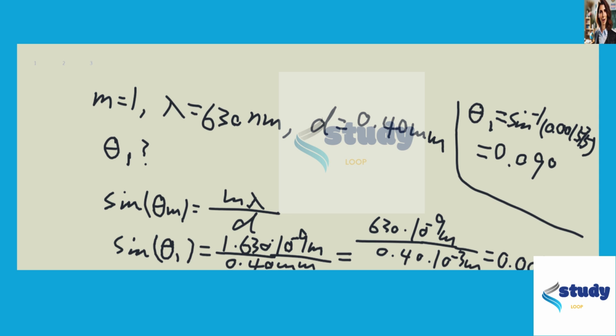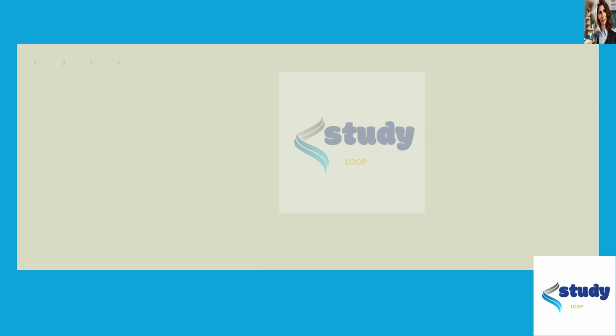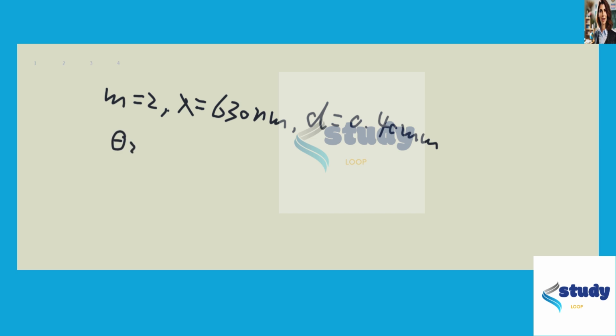Okay, that's theta 1. Okay, let's figure out theta 2. m equal to 2. Lambda is the same, 630 nanometer, d is 0.40 millimeter. Theta 2 we need to figure out.